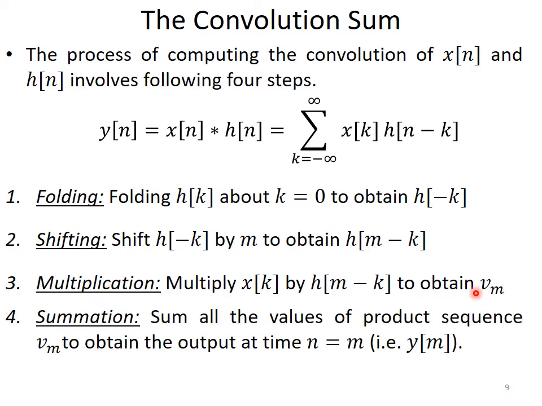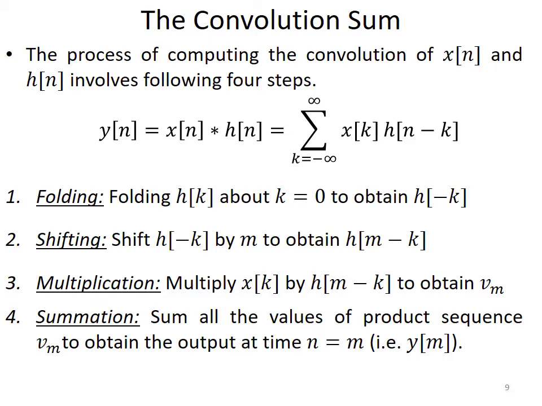Then in the final step, sum all the values of the product sequence v n. Whatever samples you have got in v n, sum all the values, right? Perform this function finally. The sum of all the values is basically y of n, the response of the system at the given value of n.